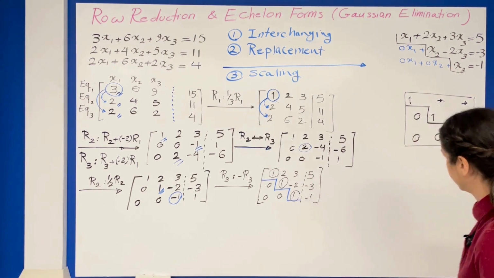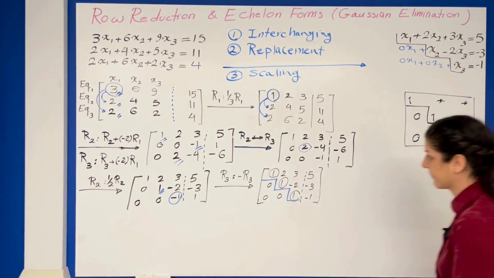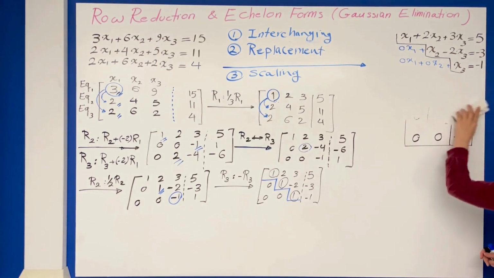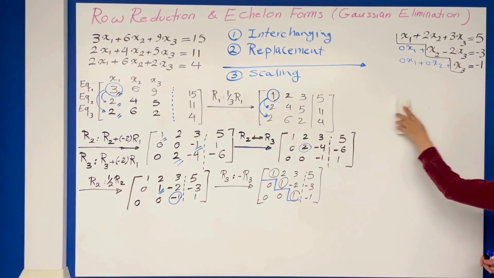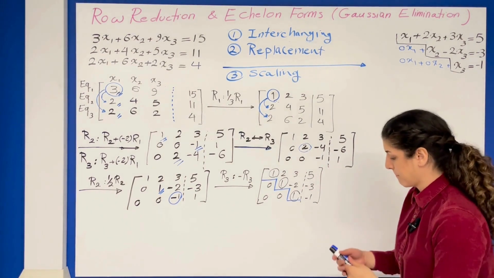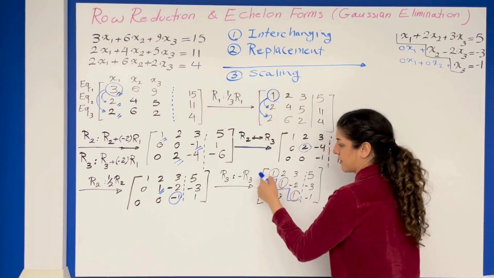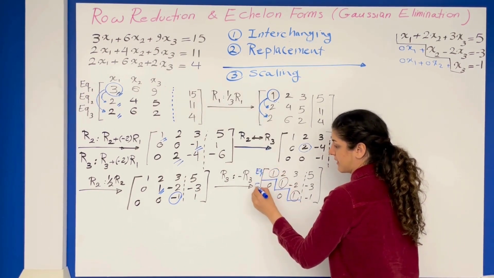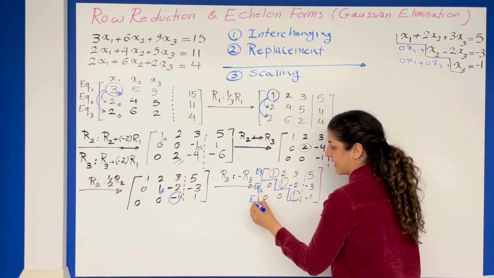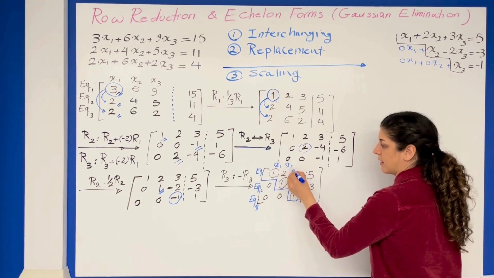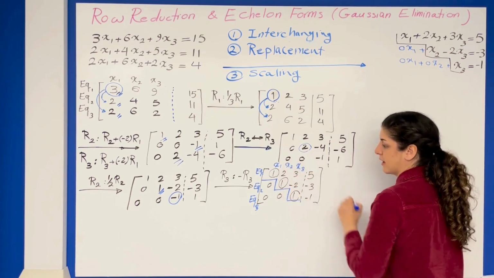Okay, so here, let me erase this part. I know that the first row corresponds to equation 1, the second one to equation 2, the last one to equation 3, and column 1 corresponds to x1, column 2 x2, and column 3 x3.